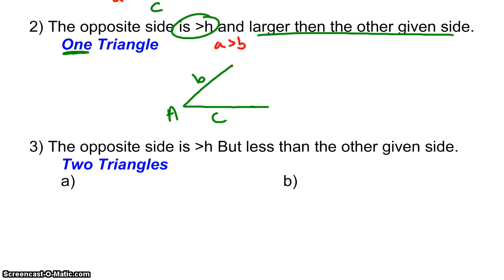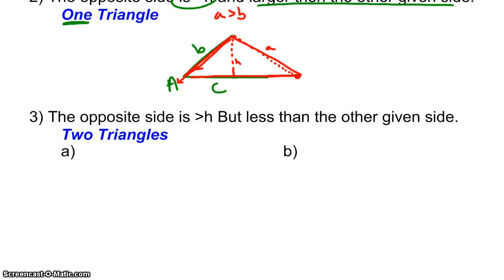Well, if it's greater than the h, it can't possibly come back this direction because it is larger than B, and we go through the base side of C. So that wouldn't work. So the only choice that we have is to have it shoot off in this direction as a dotted line. So then our C would have had to been given as longer. So if A is larger than B, we're going to get some triangle that looks like this.